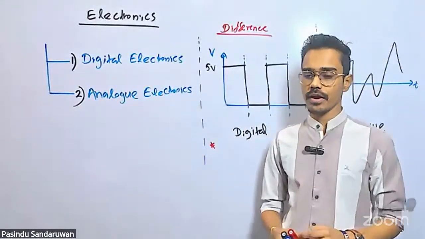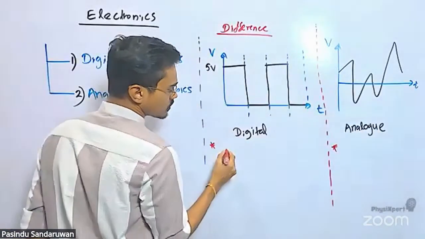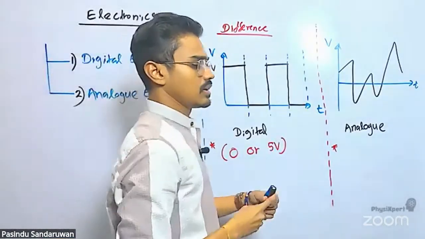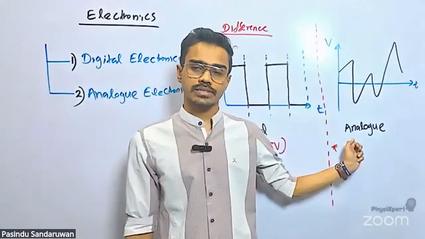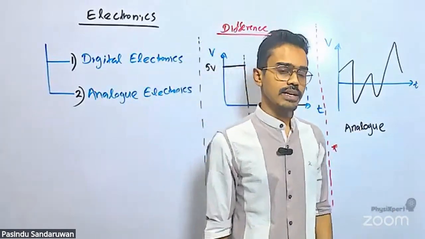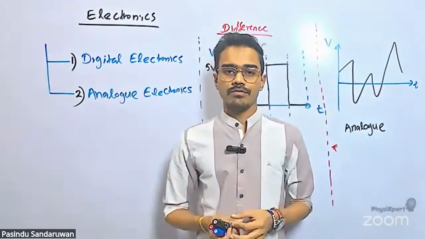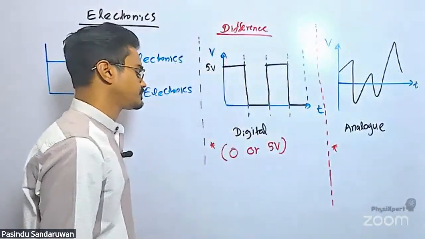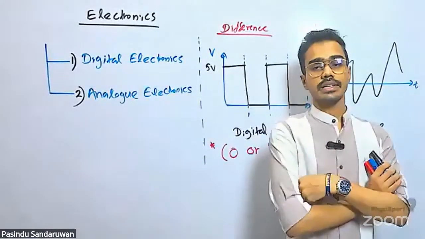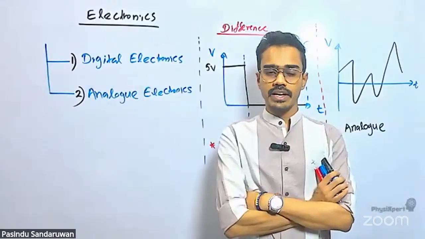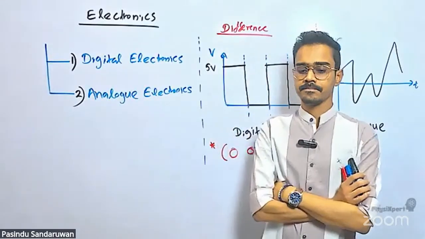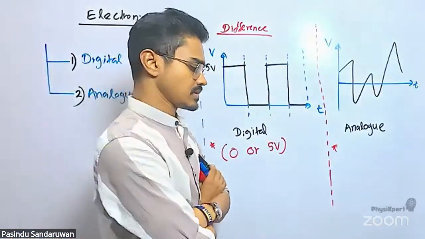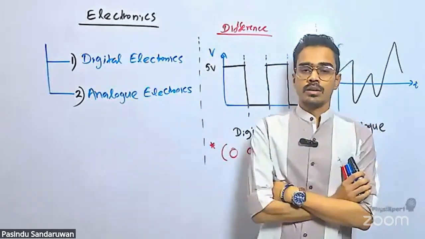Within brackets, 0 or 5 volts. Under the analog side, write down: voltage of analog circuits can be varied to any value.